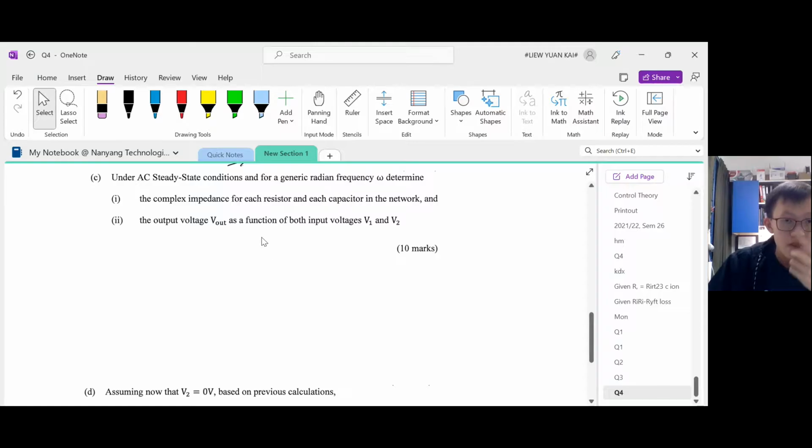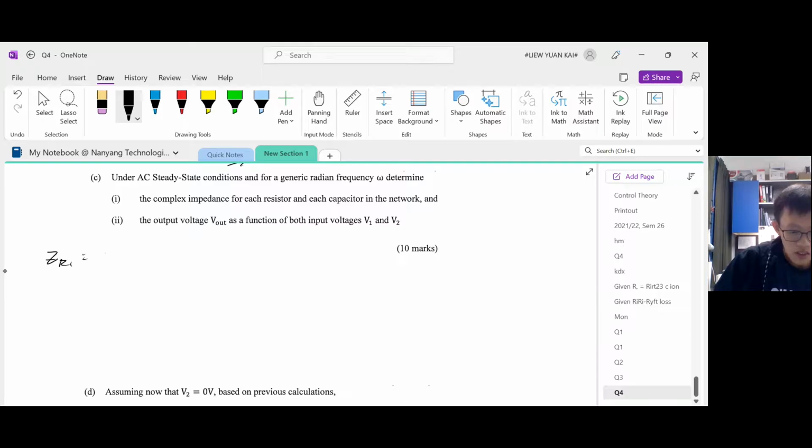Okay, next we have this. Under the AC steady state condition, with a generic radian frequency, determine the complex impedance for the resistors and the capacitors. Both R1 and R2 are the same value, which is 10 kilo ohms.